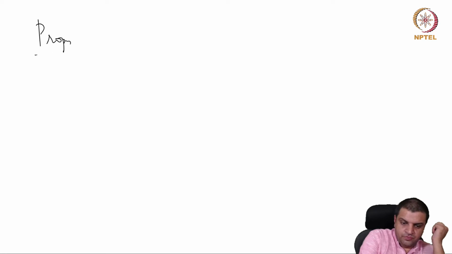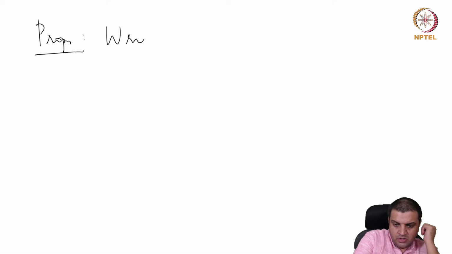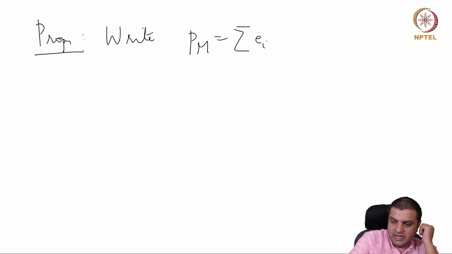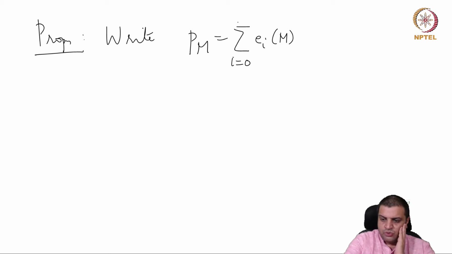So here's a proposition. We know that the Hilbert polynomial itself was written as some constants, integers, which depend on M, ei of M, where i goes from 0 through n minus 1, times pi of x.